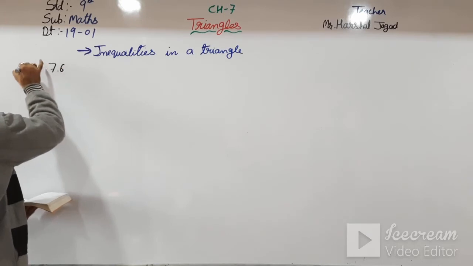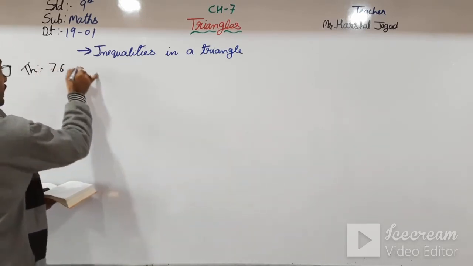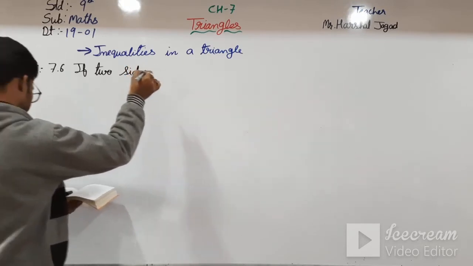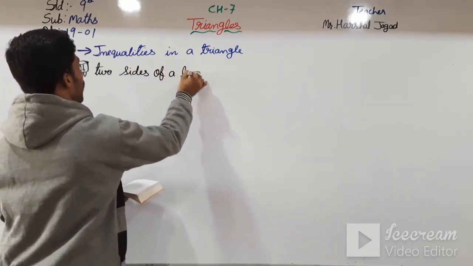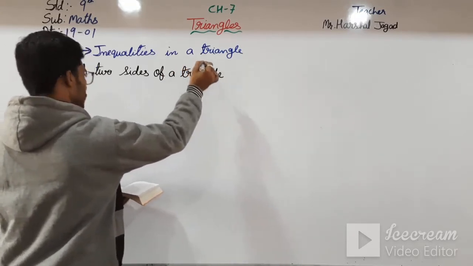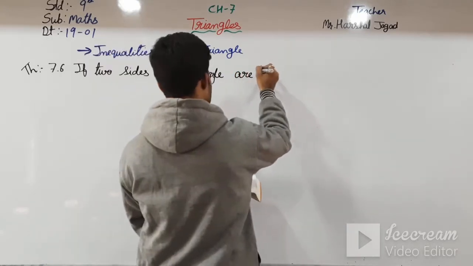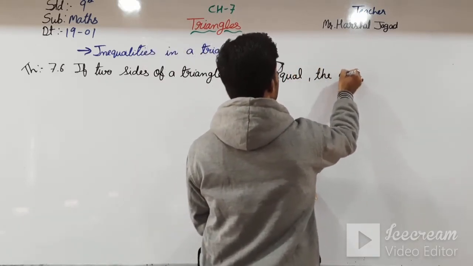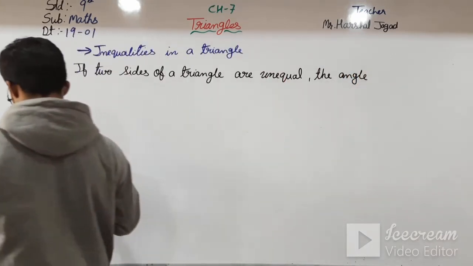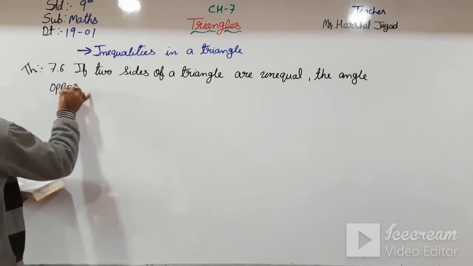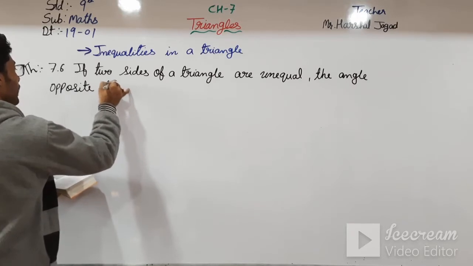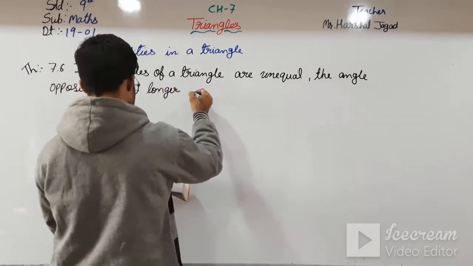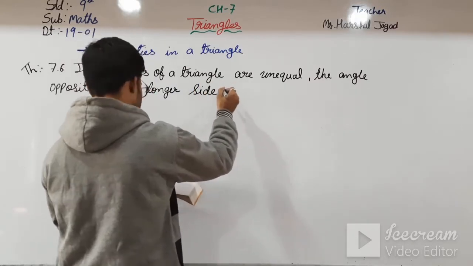Theorem 7.6: if two sides of a triangle are unequal, the angle opposite to the longer side is larger.